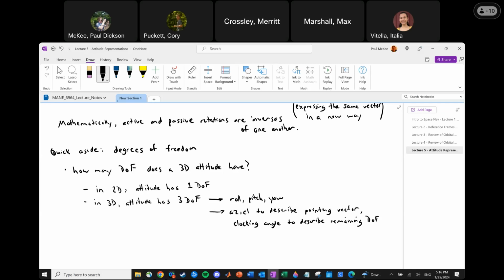What we're going to say is basically there are three numbers that you need to know to describe the attitude of a spacecraft. And you kind of have your choice. Roll, pitch, and yaw are not the same thing as azimuth, elevation, clocking angle, and it's also not the same thing as an angle vector, and it's also not the same thing as the 3 degrees of freedom in an attitude transformation matrix, and it's also not the same thing as the 3 degrees of freedom in a unit quaternion. We're going to talk about all of those either today or next class. But the point is there are 3 degrees of freedom.